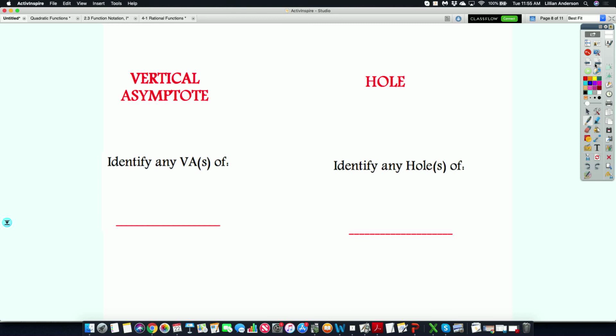A little bit more practice with the vertical asymptotes. You have x plus 6 over x squared minus 25. We just talked about it. How do you find your vertical asymptotes? Set the denominator equal to 0. So that's x squared minus 25 equal to 0. How do I solve this?